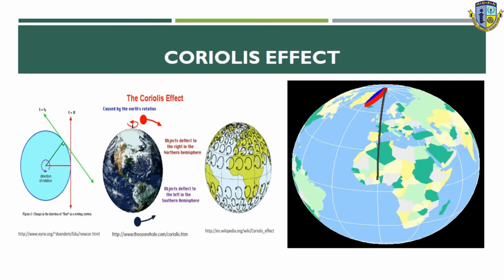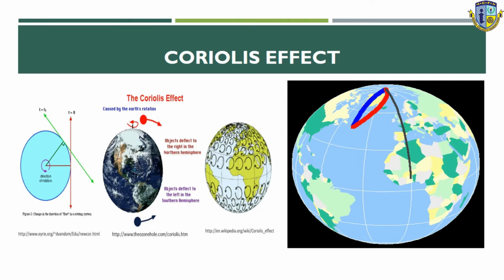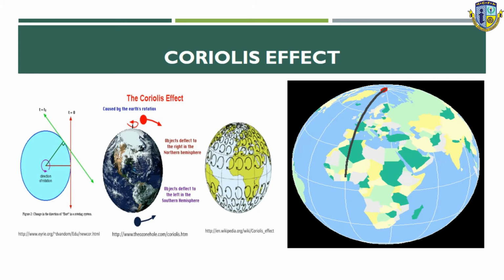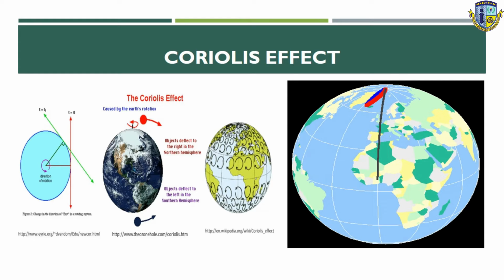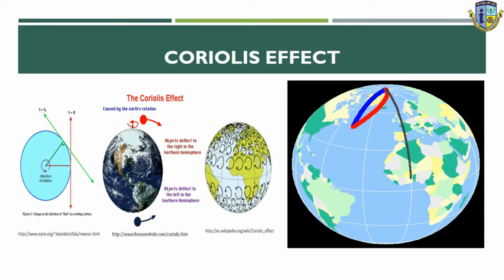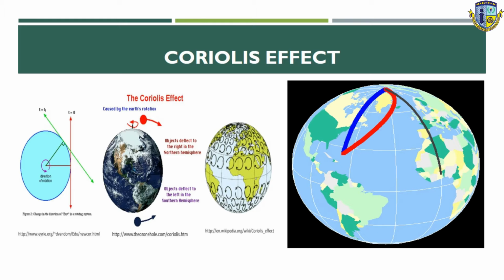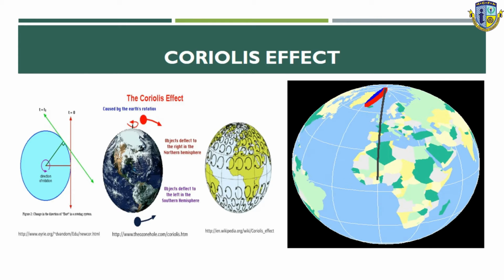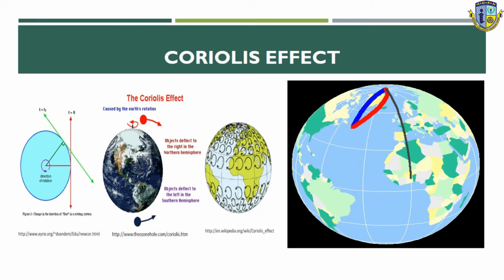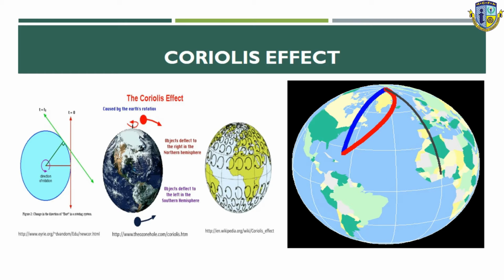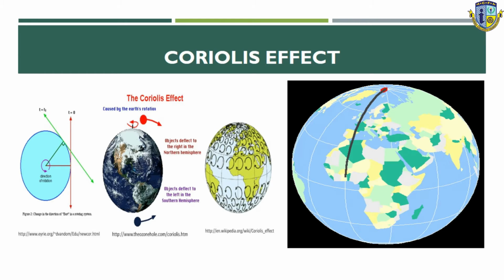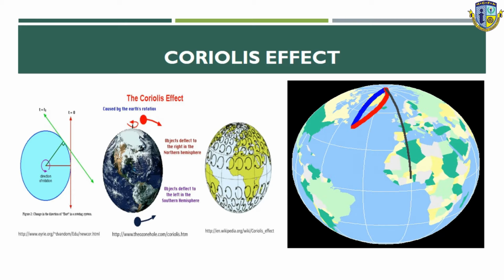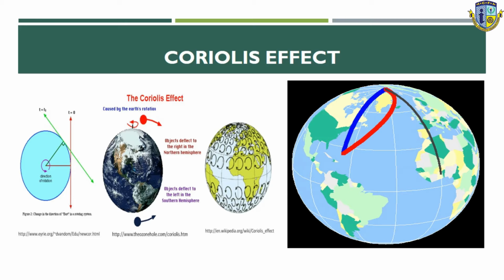If you throw a ball from the North Pole to the equator, the path of the ball would be deflected to the right because the Earth's rotation at the equator is faster. Projectiles moving across the surface of the Earth are subject to Coriolis force that causes apparent deflection. This is called the Coriolis effect. This is clearly seen in the deflection of the winds in the atmosphere of the Earth.